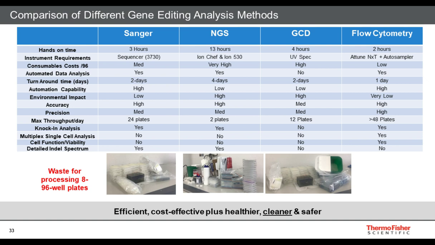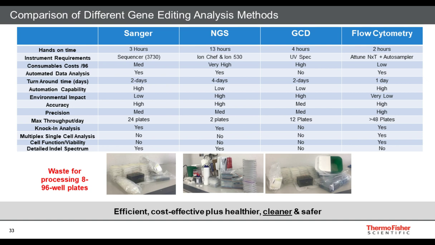As you can see, I have a picture here down below just highlighting the amount of waste that is required to process and get these answers using Sanger, NGS, and GCD. For flow cytometry, there's no picture there because it doesn't require anything additional once you move that plate out of the tissue culture hood. As far as accuracy and precision, it's very high.